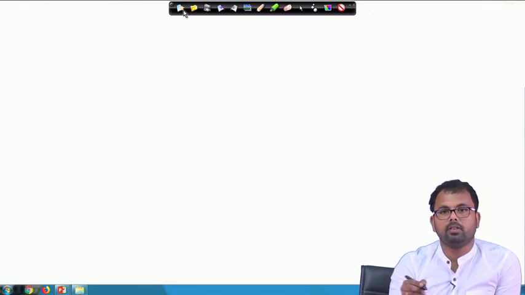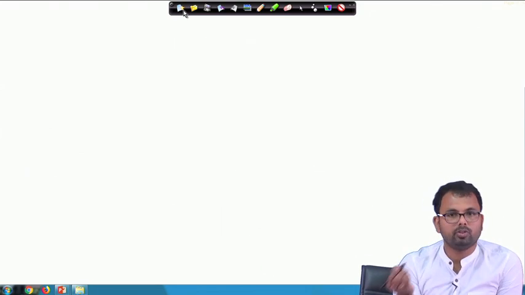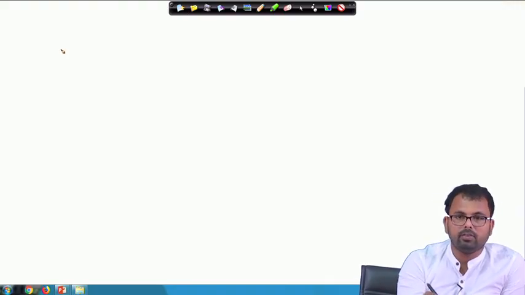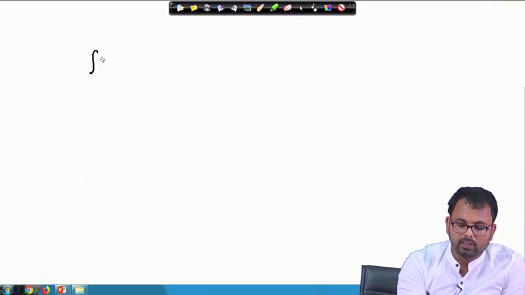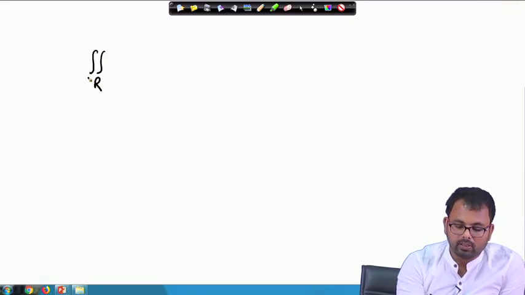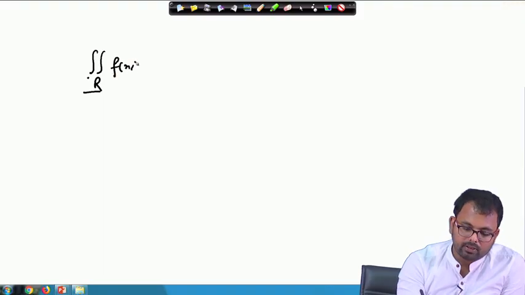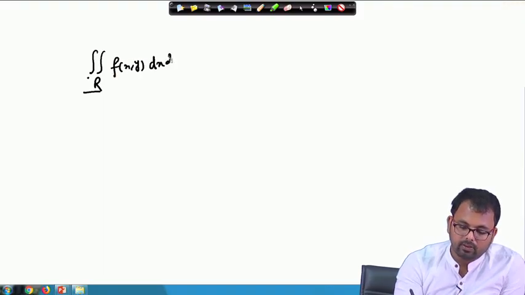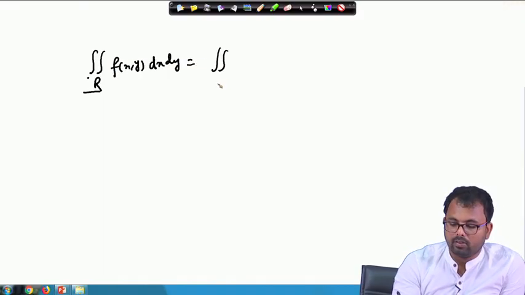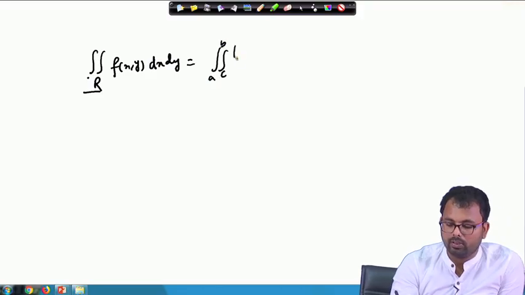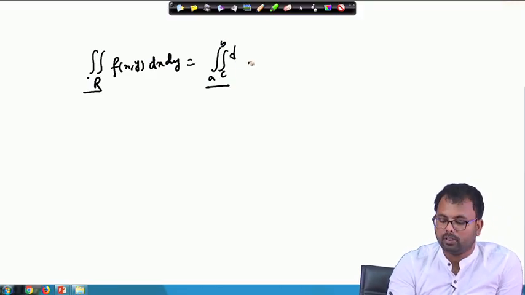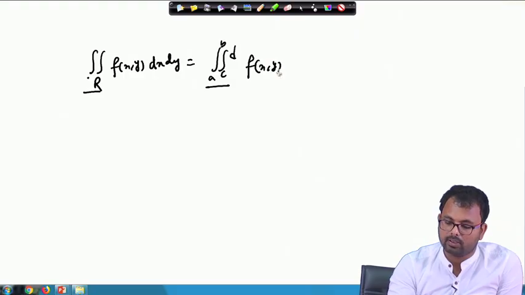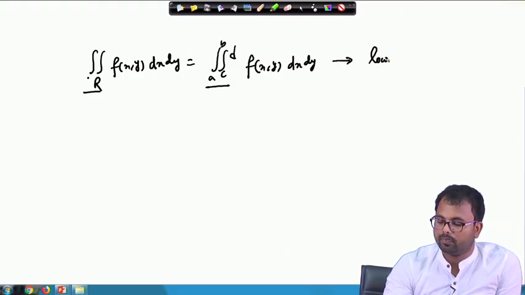Similarly, you can define the lower integral as well by taking the supremum over all L(P,f), and it will be denoted by the integral over the rectangle R with a bar here or maybe here, f(x,y) dx dy, or one can write integral a to b, c to d, with a bar here, f(x,y) dx dy, and this is basically our lower integral.